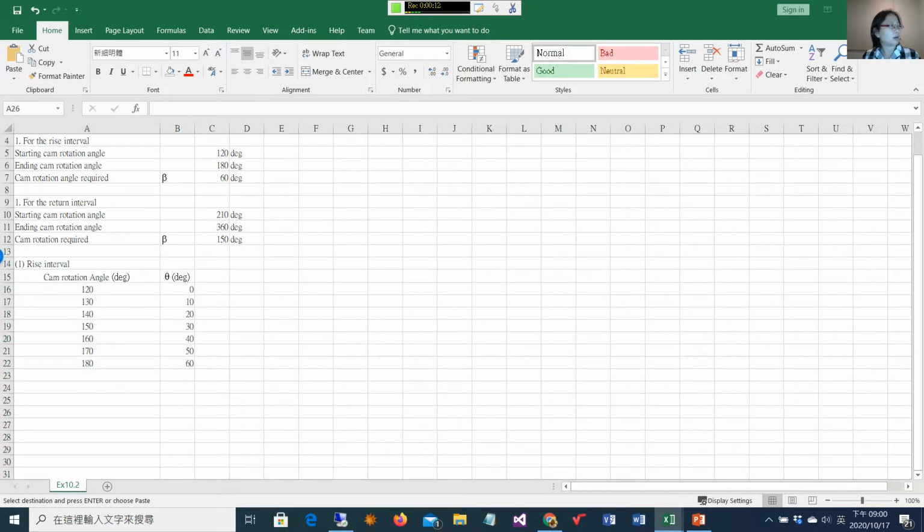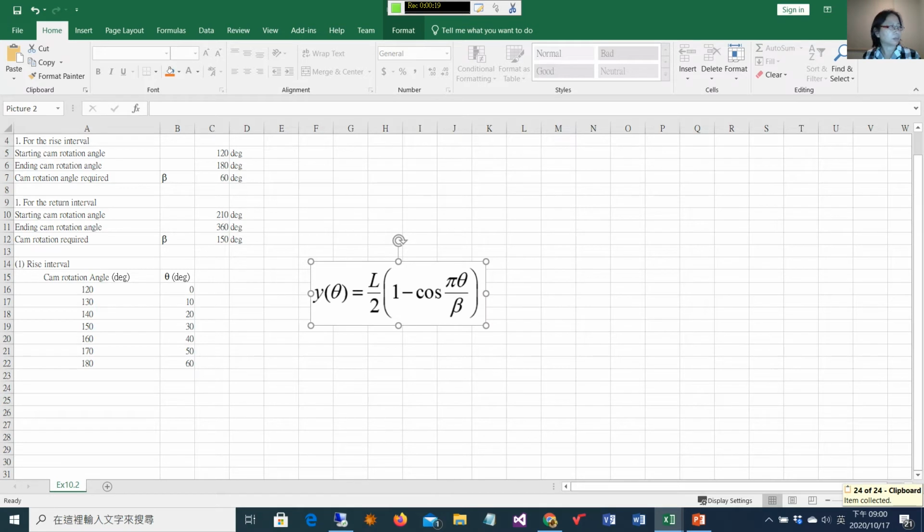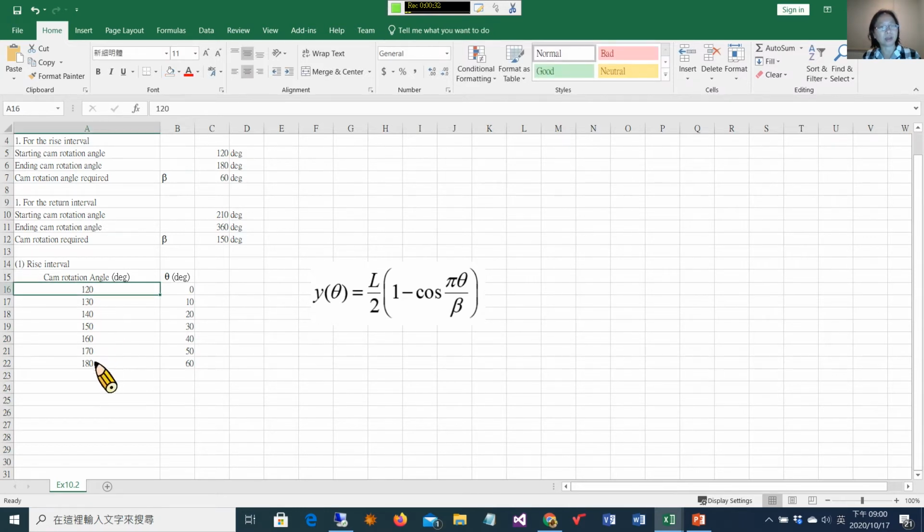The formula of harmonic motion is this. Here, we only use one harmonic curve to fit the rise motion. So we have cam rotation angles from 120 to 118.